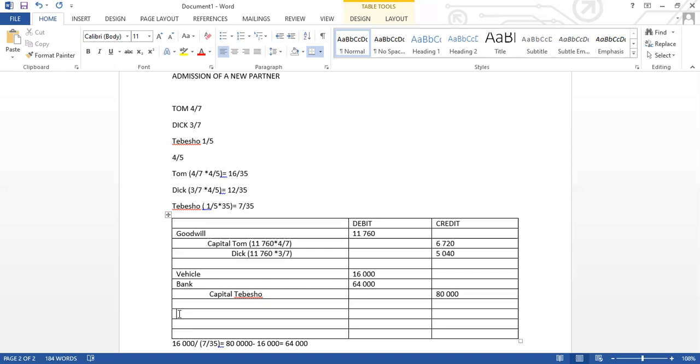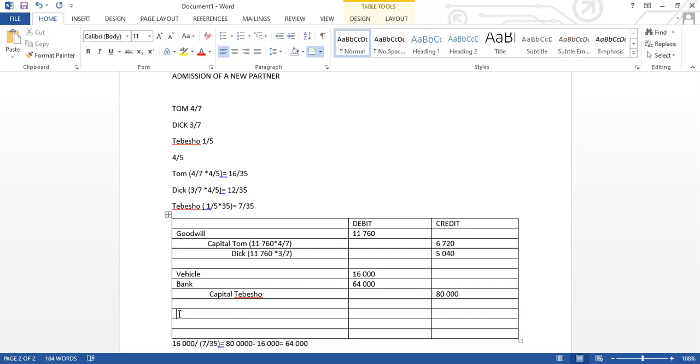So it says that first we need to adjust the profit sharing ratio, and then we need to revalue our assets. So let me quickly go to the summary of revaluation.